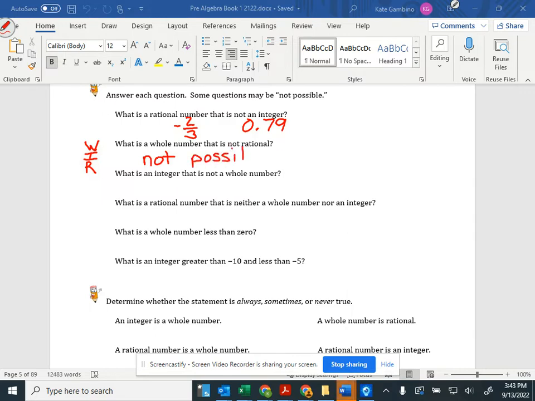Whole numbers are always going to be an integer and a rational, just like a square will always be a rectangle. And a whole number will always be an integer and rational. You're going to work through the rest of them and see if you can find an answer for all of those. Some may be not possible.